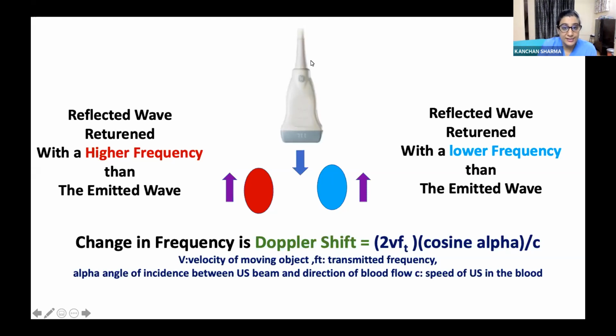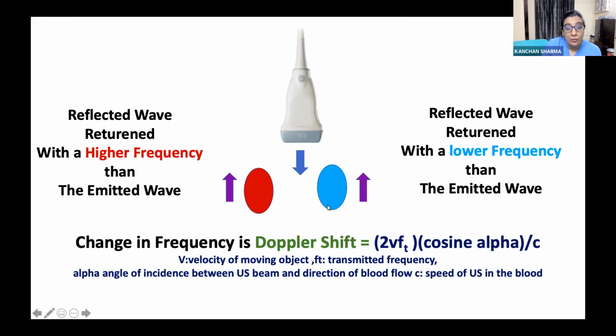So this is the stationary source. This will be emitting a frequency. Okay. So the cells which are moving inside the blood vessels will be reflecting back to the transducer whatever is being emitted from the transducer. Fine.